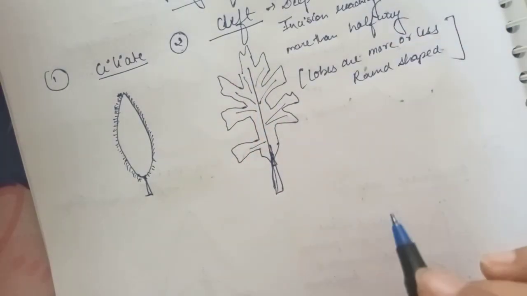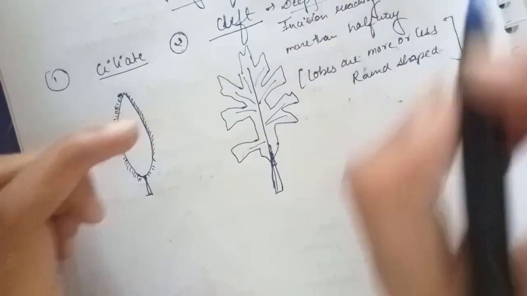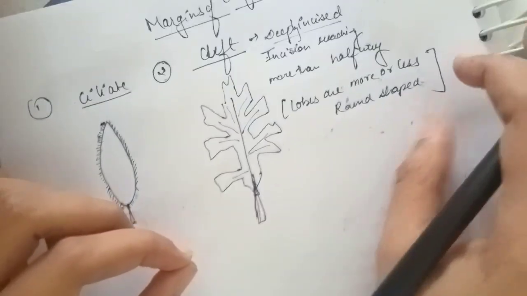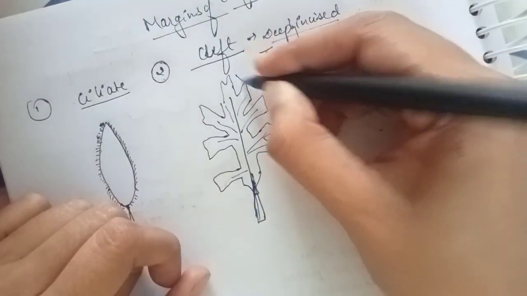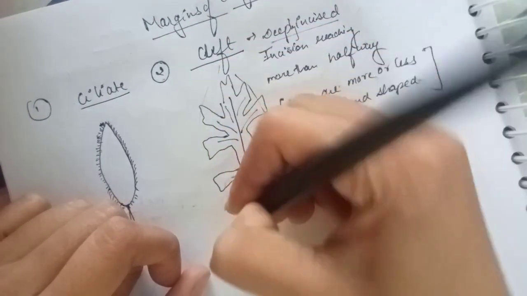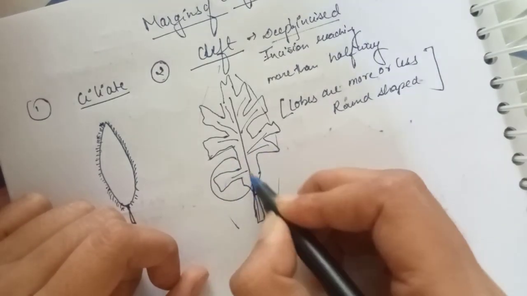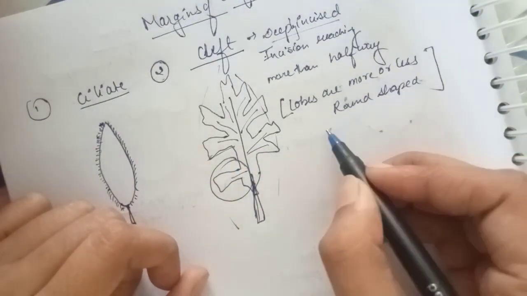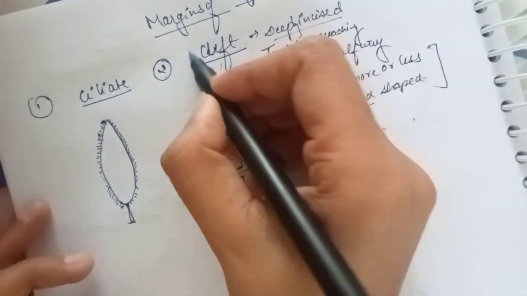This is haphazard, but you'll get the idea that it is deeply incised. Incisions reaching more than halfway, like this was the margin of the leaf, and the lobes created after incision are more or less of round shape. This kind of margin is known as cleft.